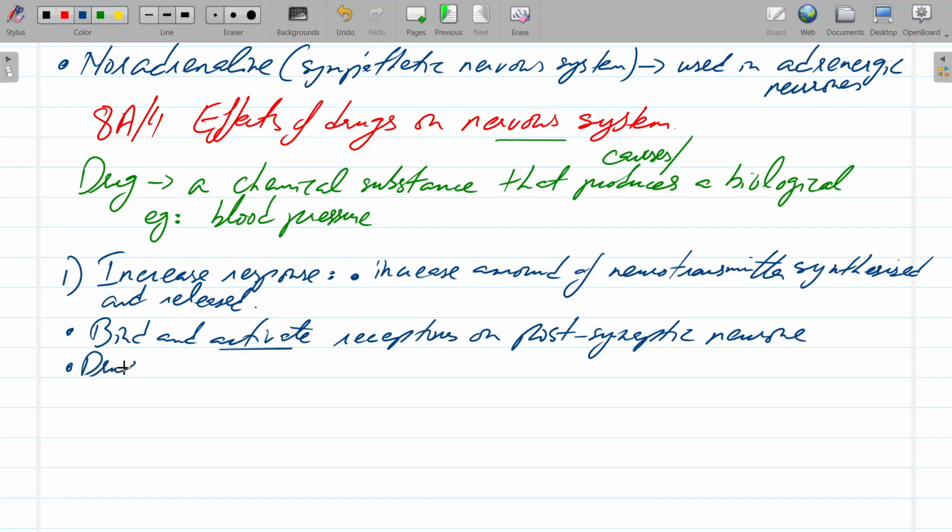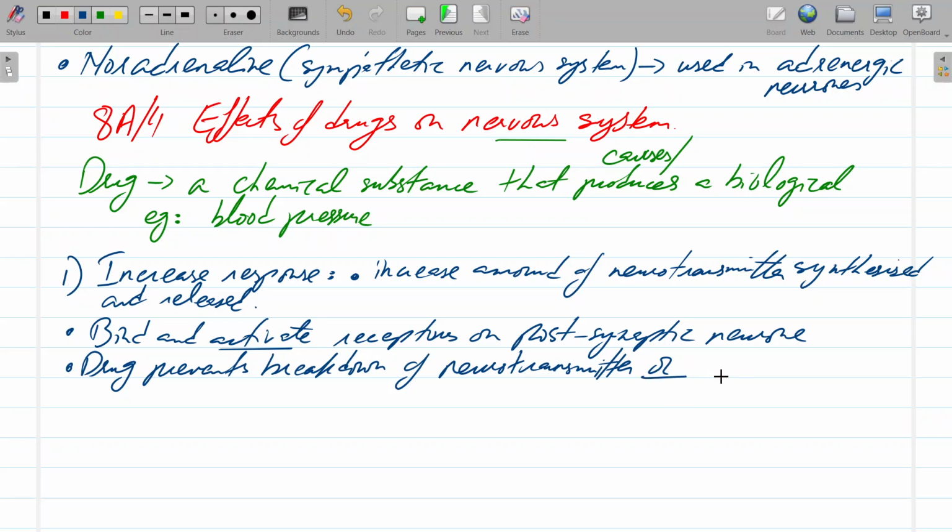So the drug prevents the breakdown of the neurotransmitter, or the reuptake of neurotransmitter into the presynaptic knob.